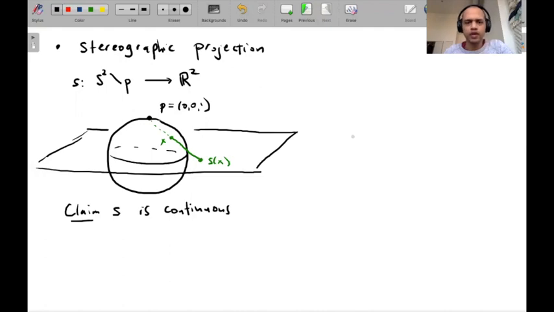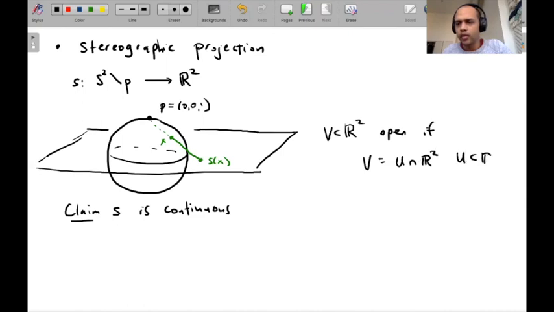Remember that means that a subset V of R2 is open if V is equal to U intersect R2, where U in R3 is open.